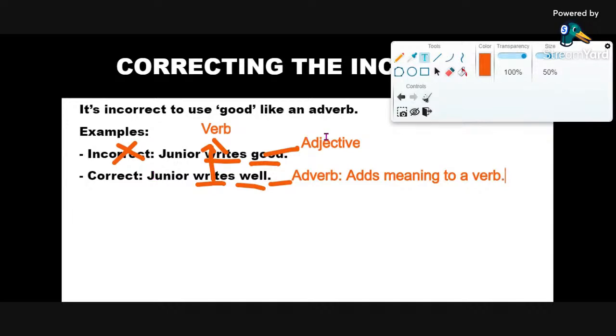When you use an adjective to perform an ungrammatical function, a function that doesn't belong to it, then you get an incorrect sentence. So this is the source of the errors that people commit when they use good and well. Okay?